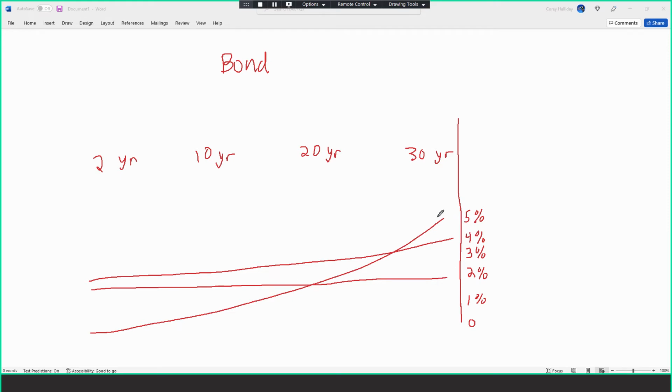A steep yield curve is historically very good for financial companies because they're in the business of selling short term and buying long term. In other words, they pay interest in the short term, but they get to collect interest in the long term. Why is that the case?